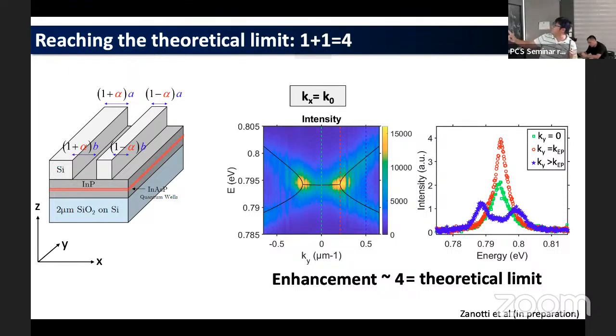Because here the exceptional point is, let's say, kind of boring because you only have one point. But if you have a band gap, band edge, different curvature, you calculate the LDOS from solid state physics, the density of states and the energy, by integrating all the wave vectors, for example, and you have some variation. And this variation we can reproduce nicely by extracting from the photoluminescence. But of course, we need to work in the regime where we have no gain.